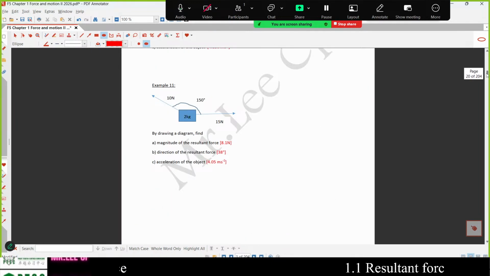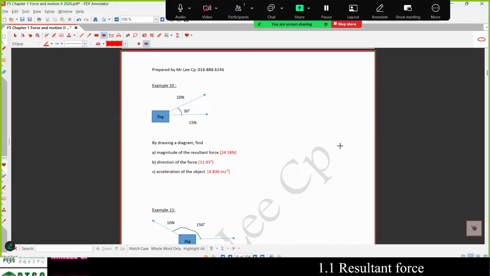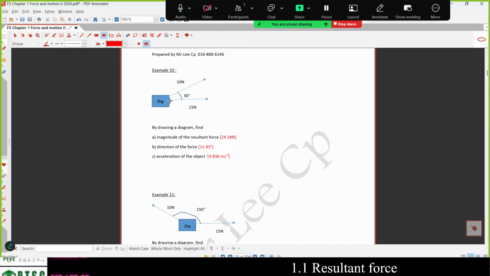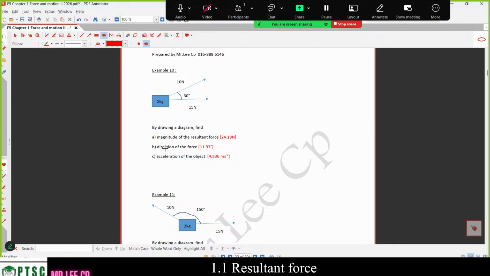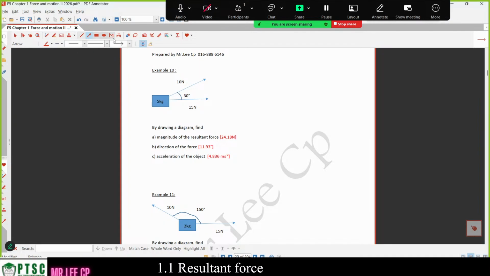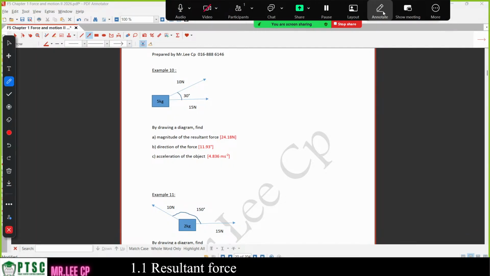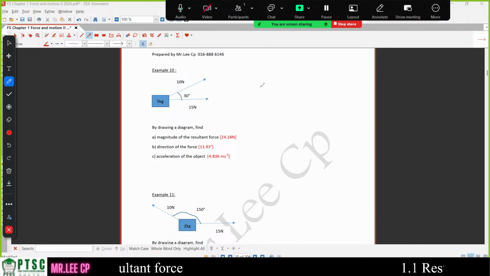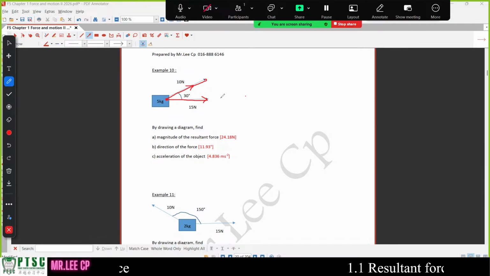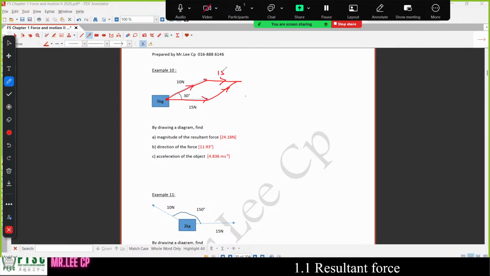Okay, so we go to example number 10. Now you see this one, it is not a right angle, it has an angle. By drawing a diagram, find the magnitude of the resultant force, find the direction of the force, and find the acceleration of the object. First I draw using freehand, and then later I'll draw it in one go. You start here, you go to here and here. So you need to draw a parallel to 10 Newton here and parallel to 15 Newton here.